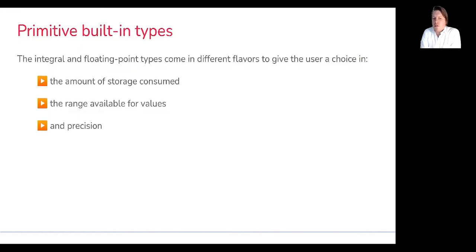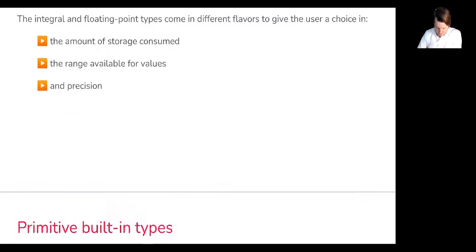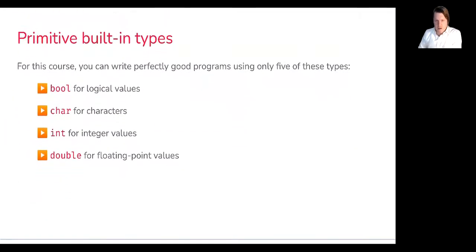So the integral and floating point types come in different flavors, which essentially gives us, the user, a choice in the amount of storage consumed, which has direct implications on the range of values that we're able to represent, as well as the precision for those values. For this course, you'll be able to essentially write perfectly good programs in C++ using these 5 primitive types.